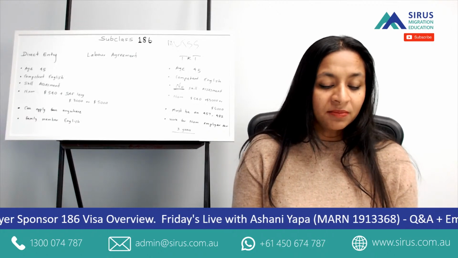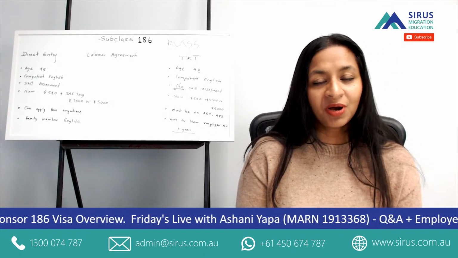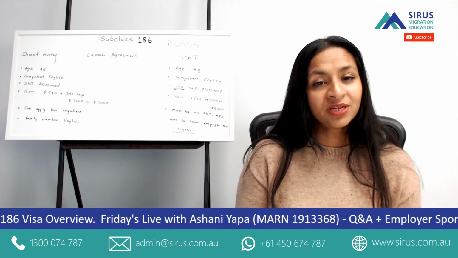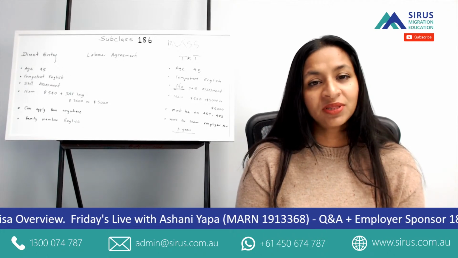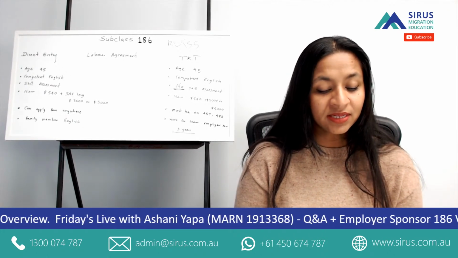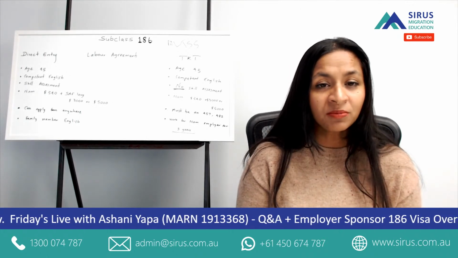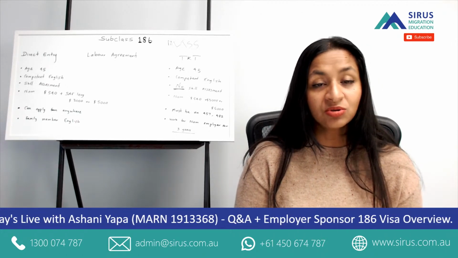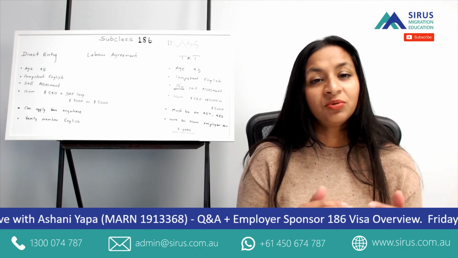Right, a lot of people do ask us, how do we go about it if we are offshore? So if people are offshore, what I have seen talking to many clients is they need to first secure employment. So they get in touch with employers. What I can suggest is there are some recruiters in Australia that you can get in touch with to try and find employment, or there are some websites like Seek, Indeed, LinkedIn or Jora, where you can see what job openings there are in Australia, and you can try to apply.